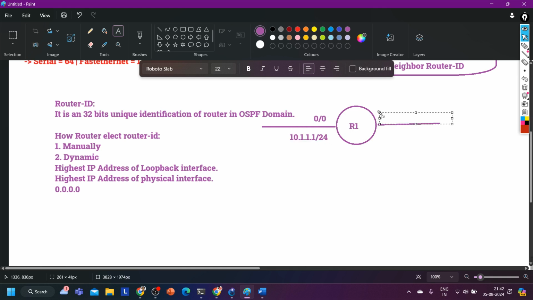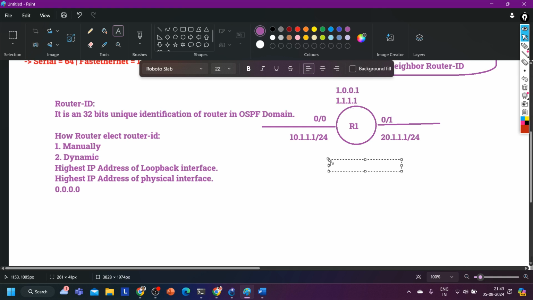This is F0/1 where I'm running IP 20.1.1.1/24, and I have some loopbacks on this router. Let's say the loopback IP addresses are 1.0.0.1 and 1.1.1.1. Two loopbacks are there on router number 1.